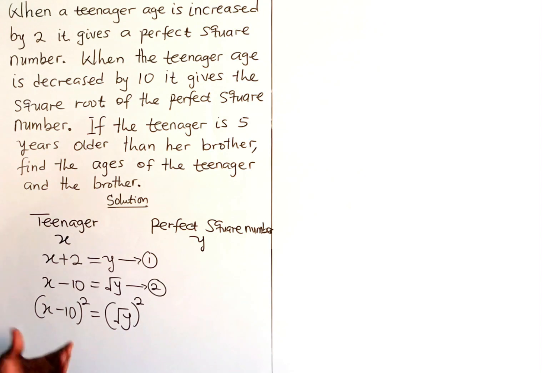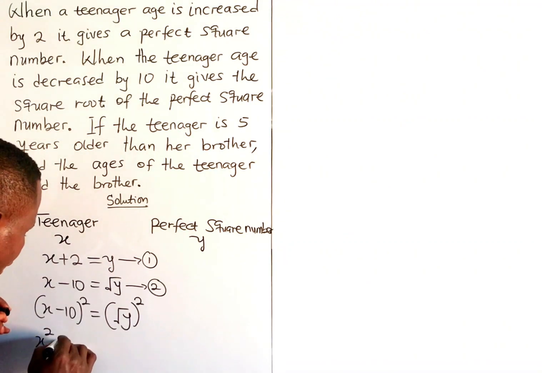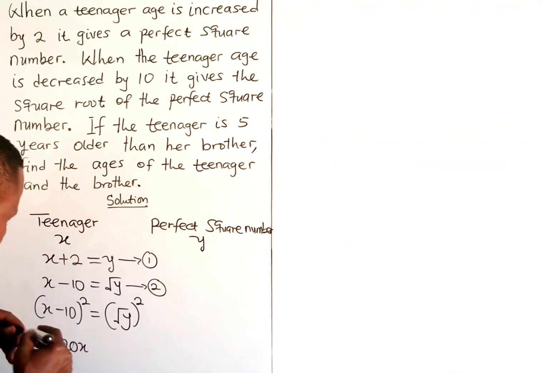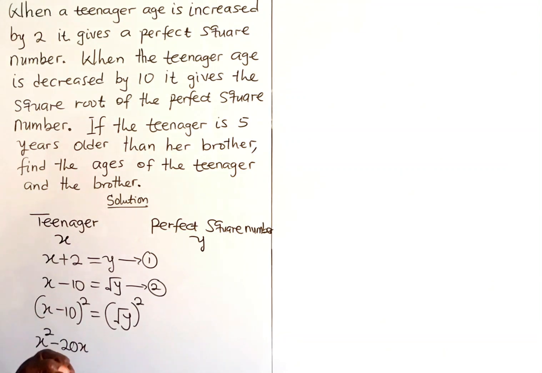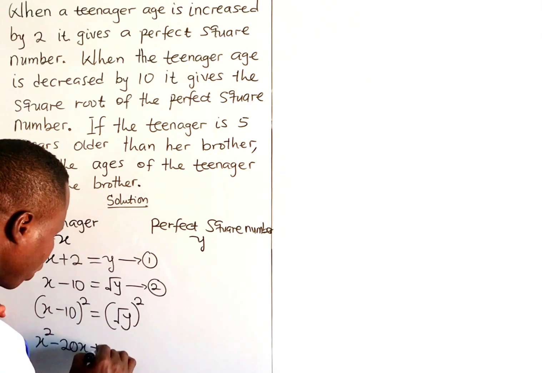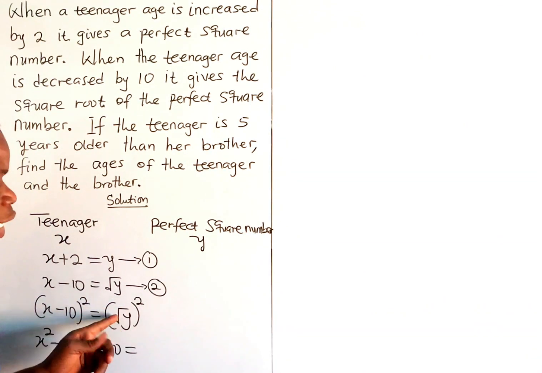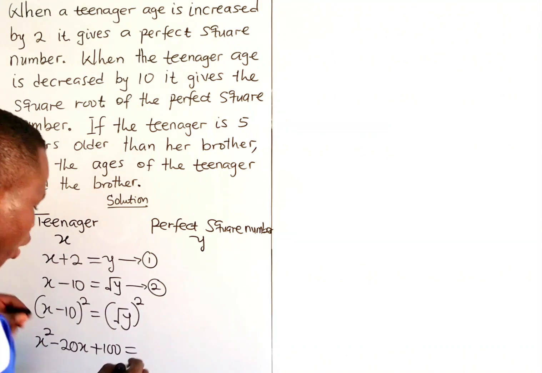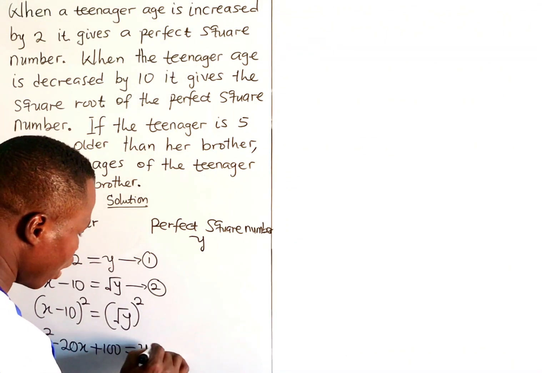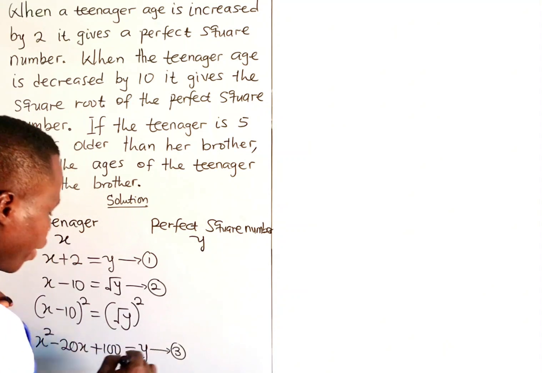And to expand the left-hand side, x squared, x times minus 10 is minus 10x, times 2, minus 20x. Then minus 10 times minus 10, I'll get positive 100, which is equal to, this 2 will take away the square root sign, and I will now have y, and this will be equation 3.